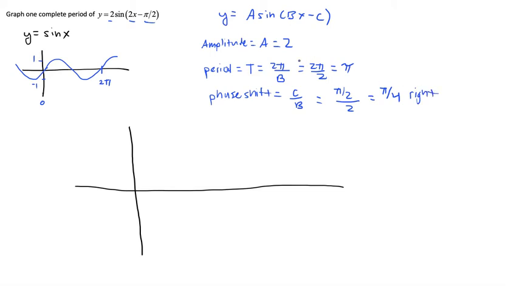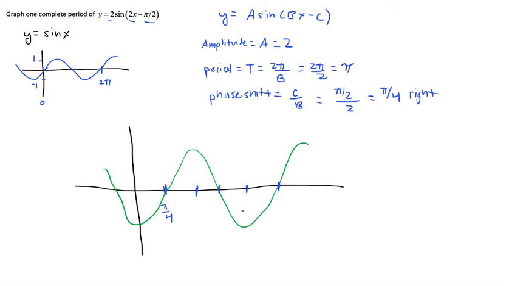Okay. So what does that mean? It means that instead of starting at 0, as we normally would, right? We just move to the right pi over 4 units. Okay. And our graph, we'll just draw one complete wave from here, right? We just go from here to here. Now I'm drawing a little bit more, right? But essentially what we want to do now is find these 5 points.